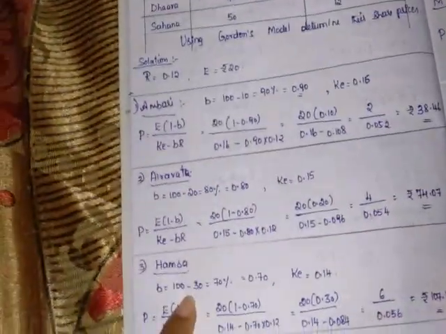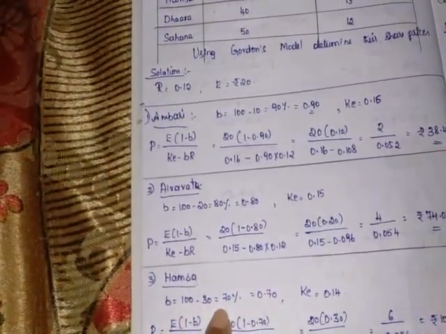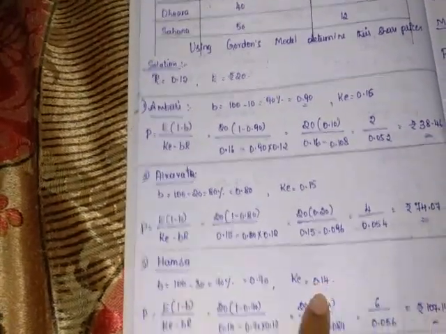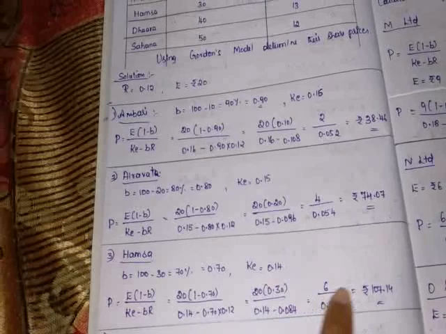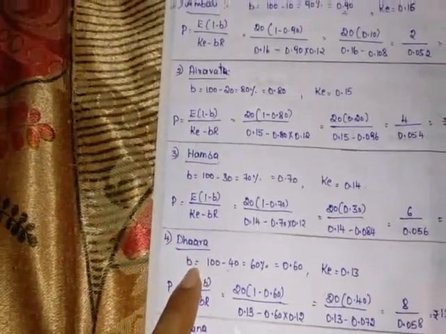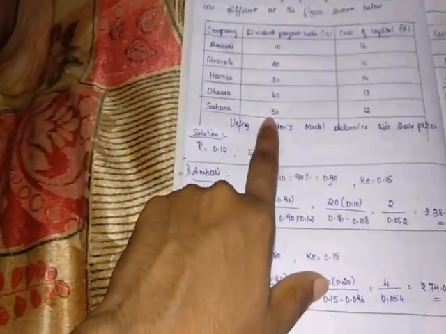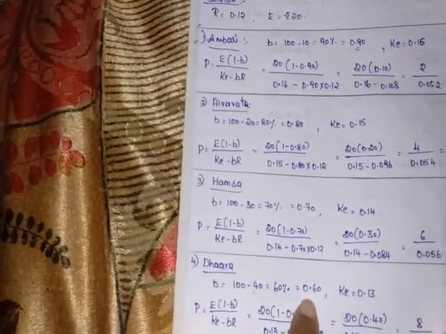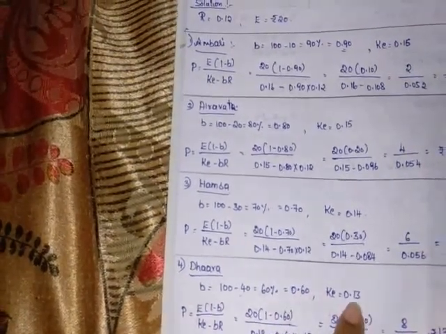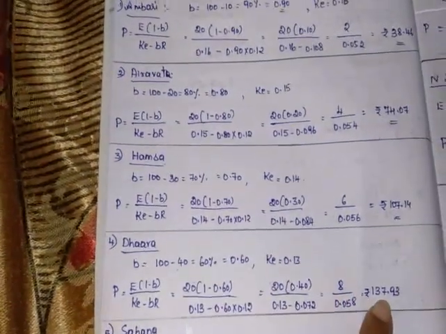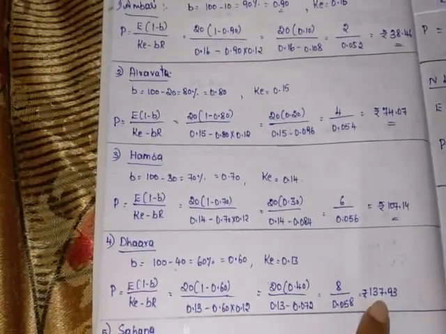So retention ratio B is 70%, that is 0.70. Cost of equity is 0.14, and market price is 107.14. And the fourth company where payout ratio is 40 and cost of equity is 13, retention ratio is 60%, that means 0.60, cost of equity is 0.13, and we got the market price rupees 137.93.